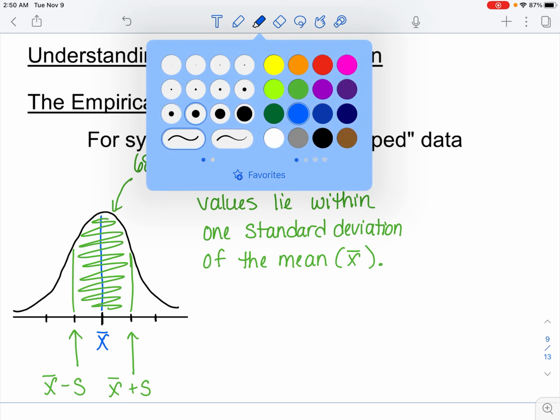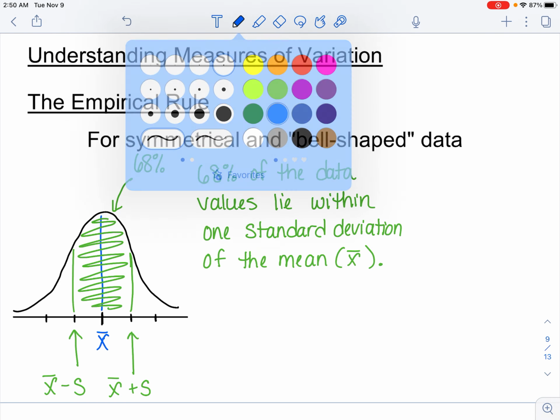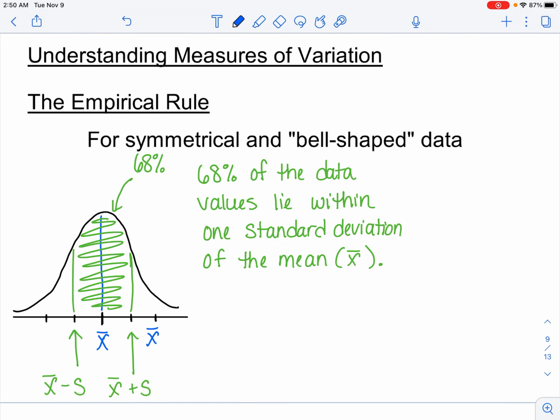Now if I go another line over, to X bar plus 2 standard deviations, which would be here, or X bar minus 2 standard deviations, which is right here, and if I look at all of this data, that's going to be drastically more. That's actually 95% of the data, which is the vast majority.